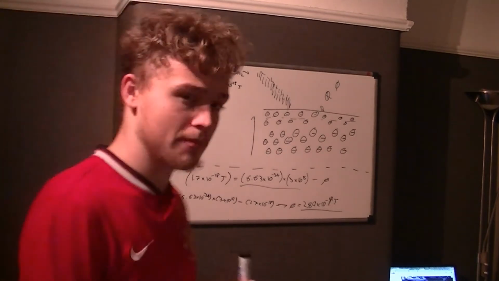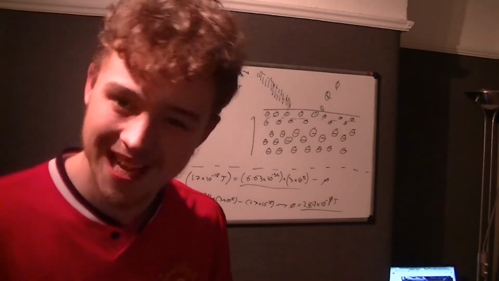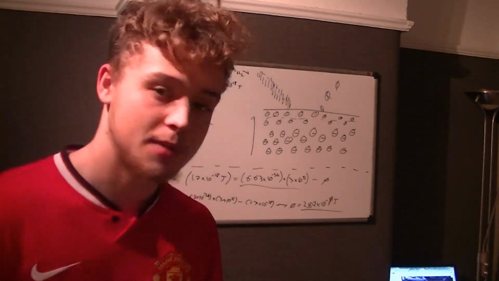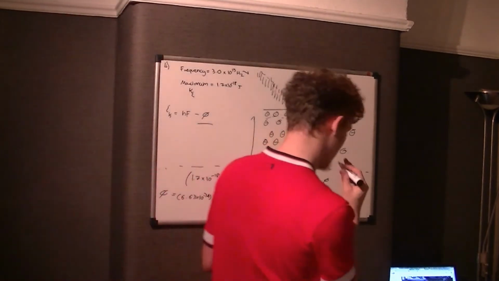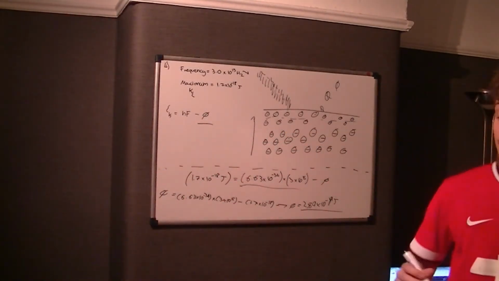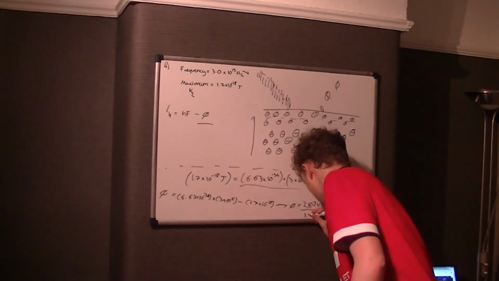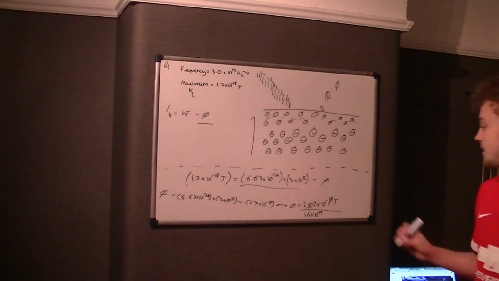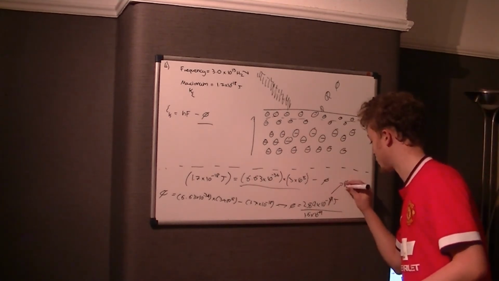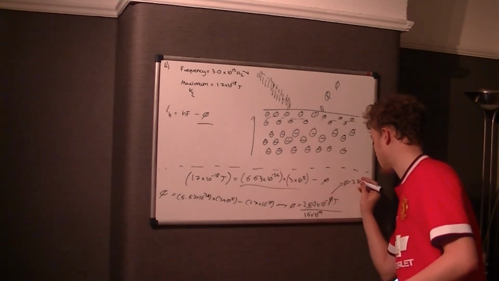And because we're doing something with a number that is less than 1, the only way of making it bigger is by dividing by this number. So therefore, to go from joules to electron volts, we divide by the charge of an electron, which is 1.6 times 10 to the minus 19, which therefore should get you the work function of 2.8 eV.